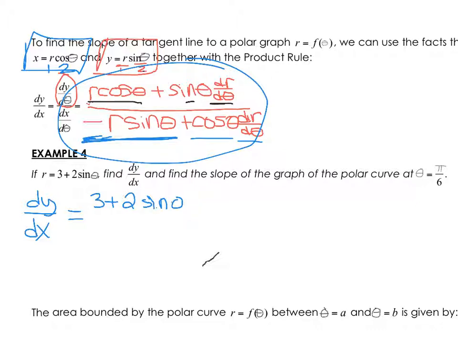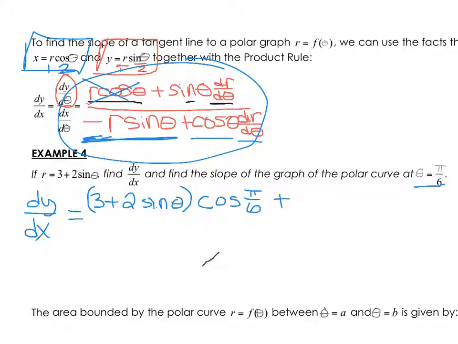If it helps you, put that in parentheses, there's my r. Now I have to do cosine theta. The theta they gave me was pi over 6. So cosine pi over 6. Hope you didn't forget your unit circle. So R cos theta, that part's done.